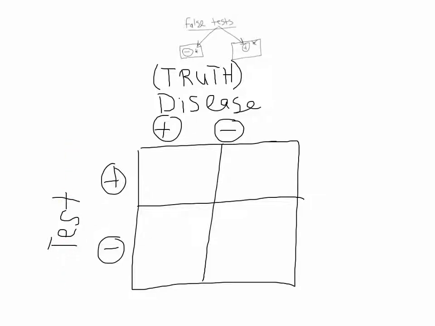So when the test is positive and the person really does have a disease, that is called a true positive. When the test is positive but the person doesn't have the disease, that's called a false positive. And if they test negative and they don't have the disease, that is called a true negative. And if they test negative but they do have the disease, that's called a false negative.